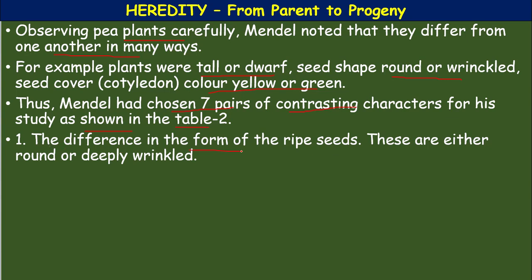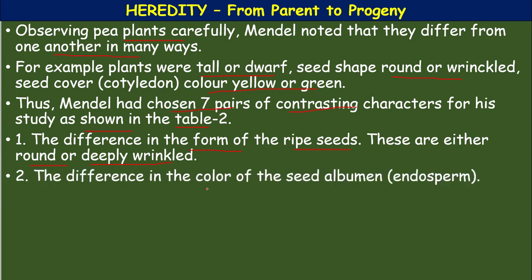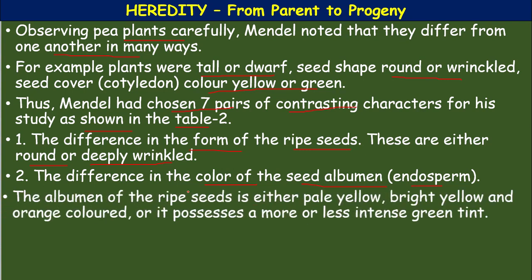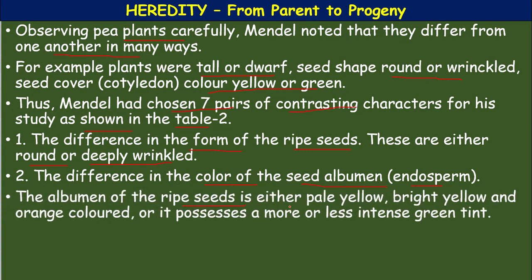The difference in the form of ripe seeds: these are either round or deeply wrinkled. The ripe seeds of the pea are either round or deeply wrinkled. The difference in the color of the seed albumin, that is endosperm: the albumin of the ripe seed is either pale yellow, bright yellow and orange colored, or it possesses a more or less intense green tint.